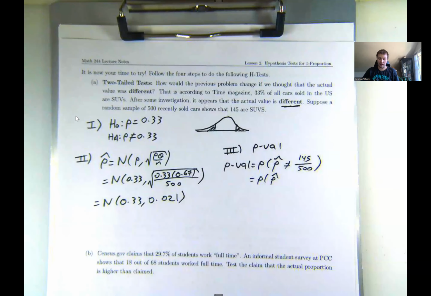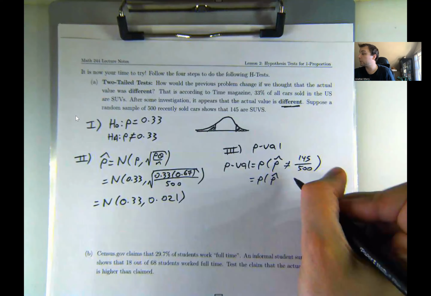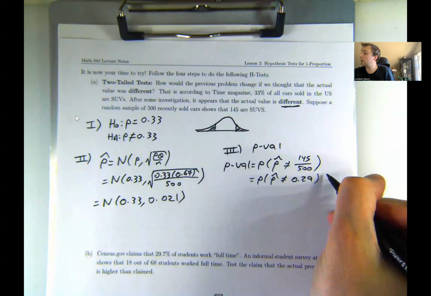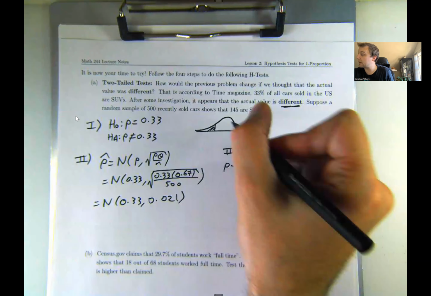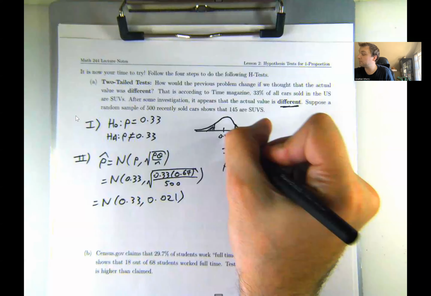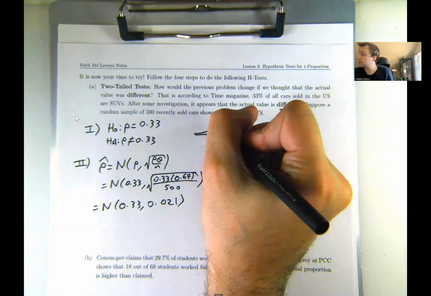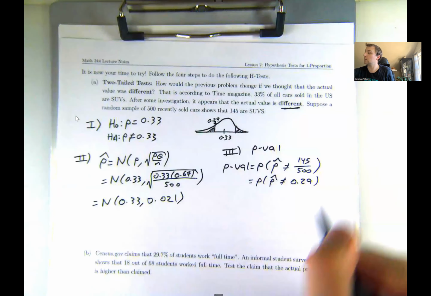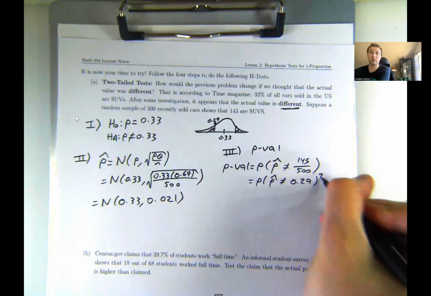That 145 out of 500 is 29%. So on my curve, I'm going to have 33% in the center. That's my claim. And my data is going to be at 29%. So I need to find my z-score and look it up.